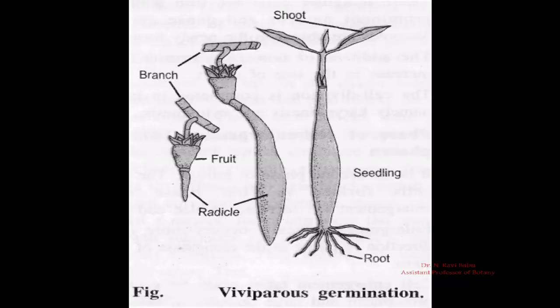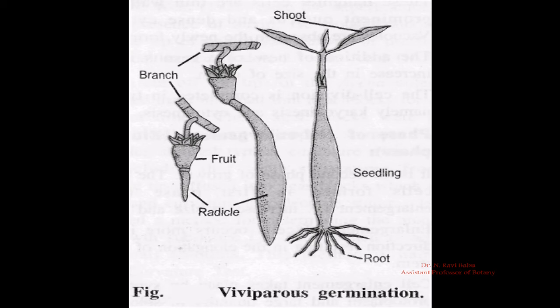Vivipary is the mode of seed germination which is found in halophytes. Friends, in these halophytes, we find vivipary mode of seed germination.